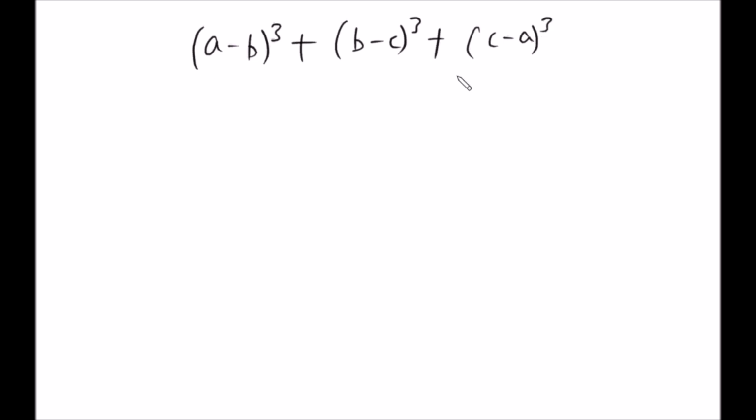So jamaa alinipa expression ngumu kama hivi. Ilikuwa ni kwamba a minus b cube plus b minus c cube plus c minus a cube. Kaniambia find factors. Nikasema hamna shida, mimi mwenyewe naweza kucheza.